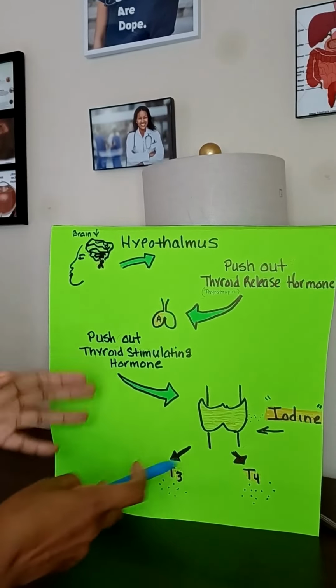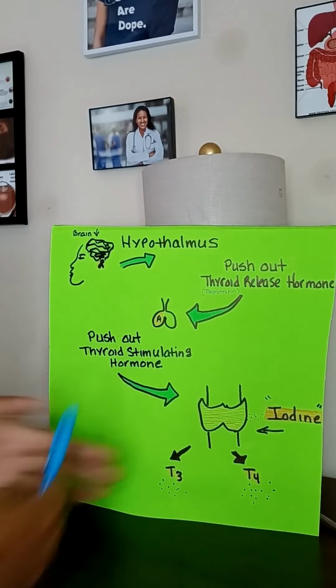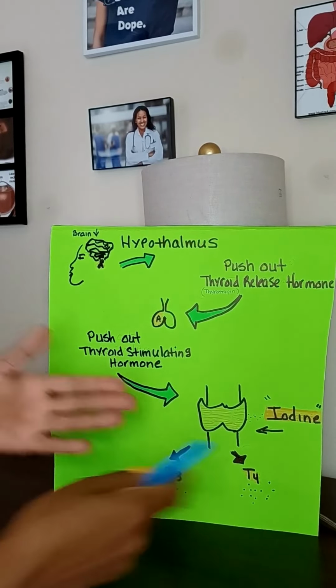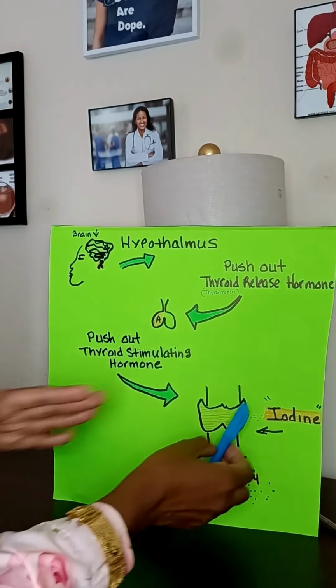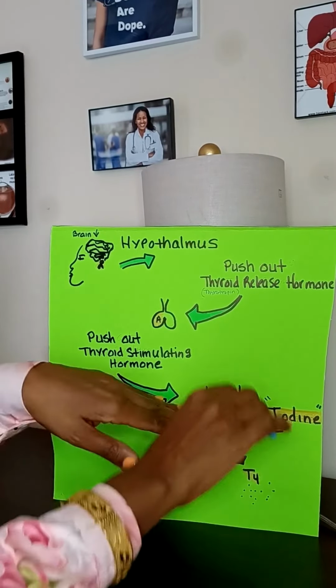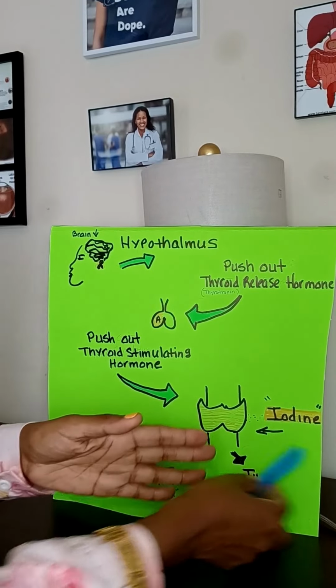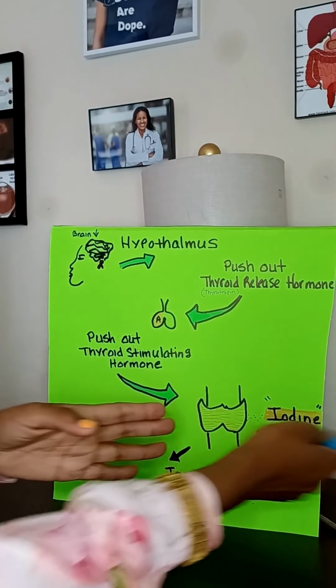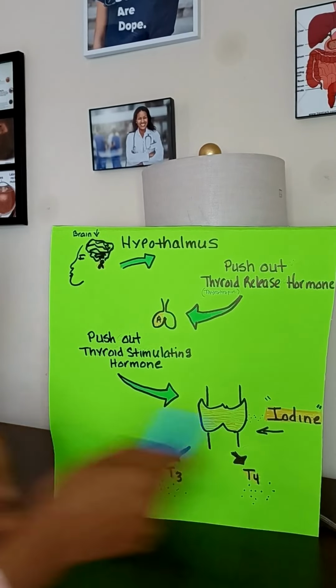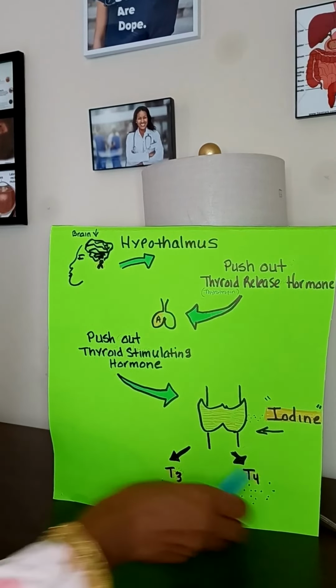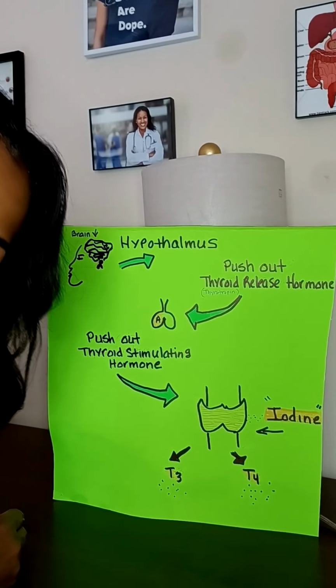So now the thyroid gland has a signal, and it's basically saying, hey, we need some more thyroid hormone. In order for your thyroid to make thyroid hormones, it needs iodine. When the iodine comes in, everything goes good. It's going to push out your T3 and your T4. These are considered your thyroid hormones, okay?